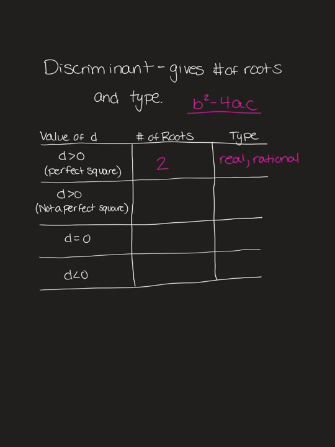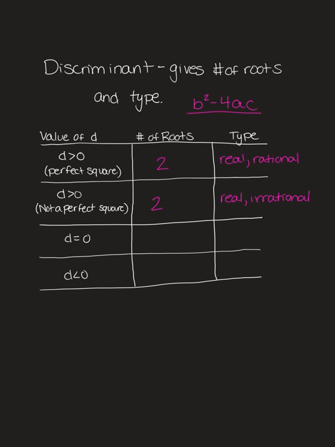If it's positive and it's not a perfect square, you still have two roots, and they will be real and irrational, which means that you will have a leftover square root. In this case, I would use either the quadratic formula or completing the square.